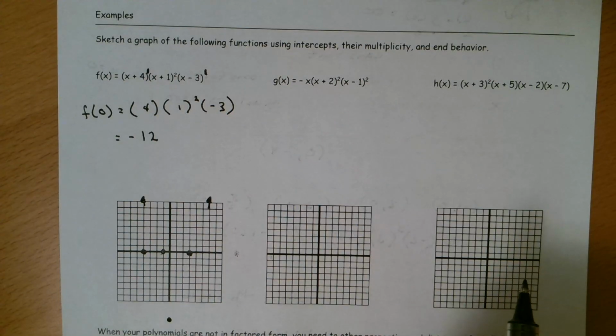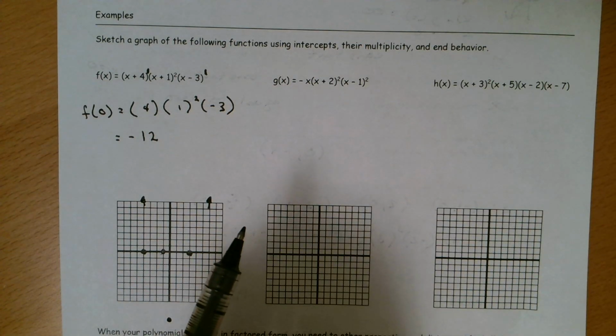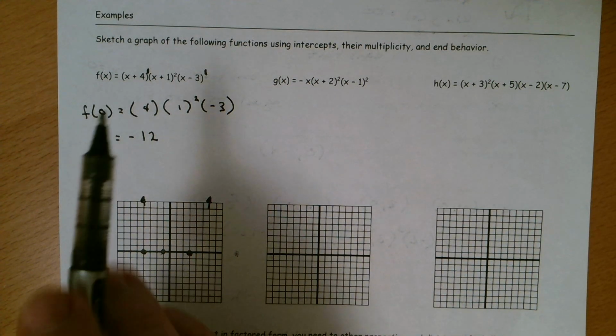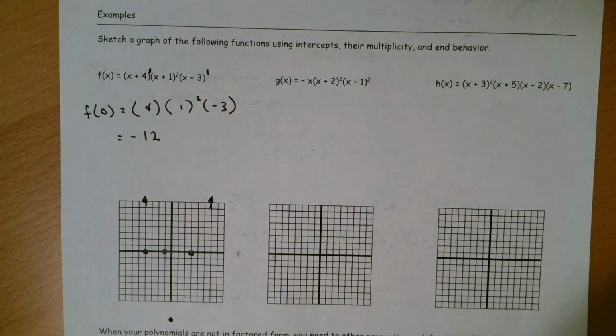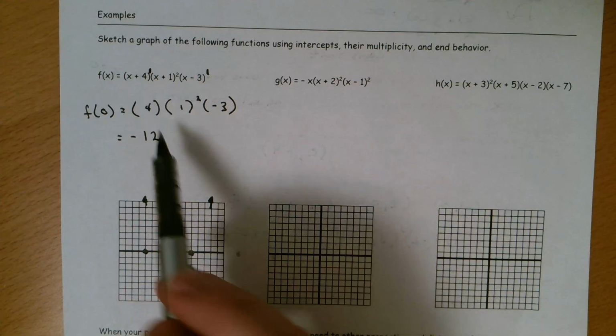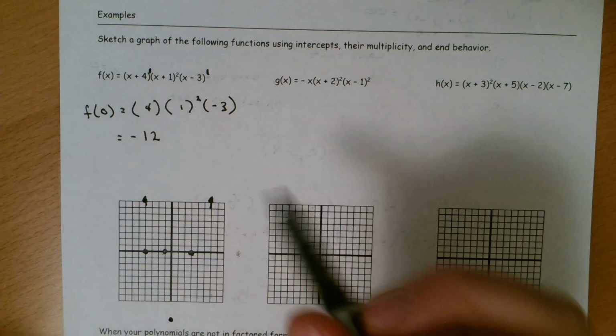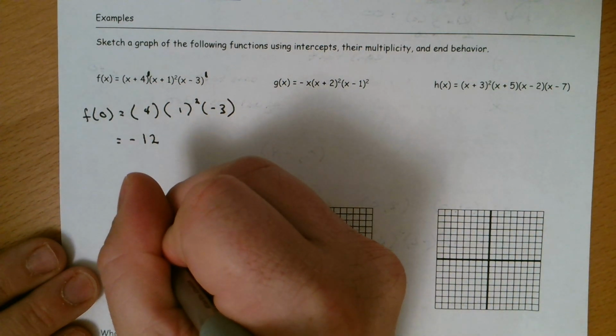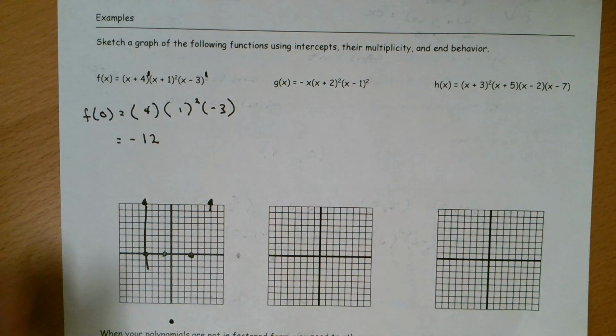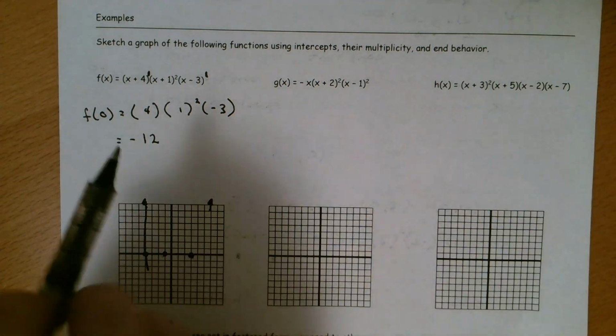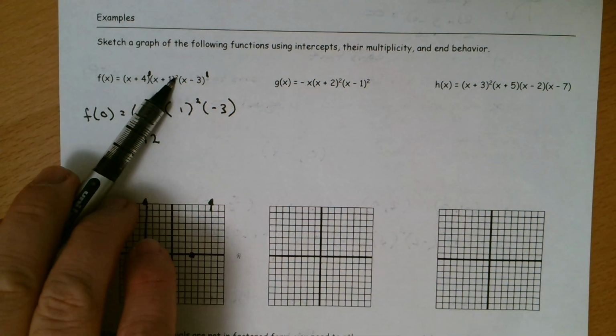Anyways, here we go. Now we look at our x-intercepts and their multiplicities to determine whether our graph is going to bounce or cross. At negative 4, odd multiplicity, our graph is going to cross. So that's all I'm going to draw. At negative 1, our graph is going to bounce.